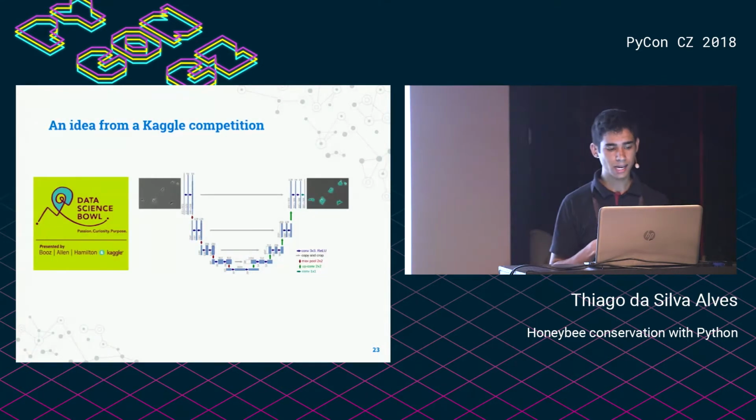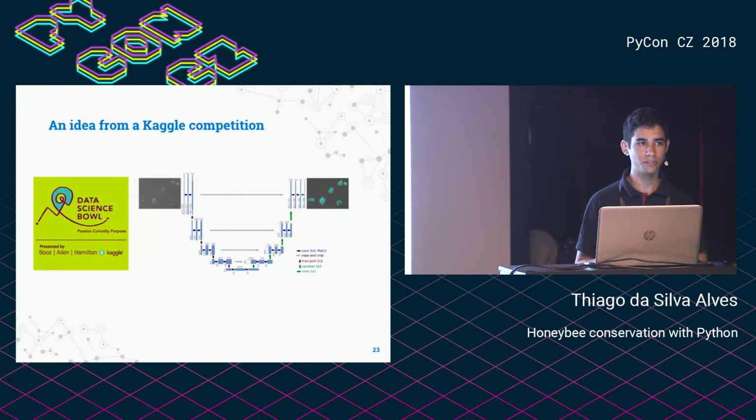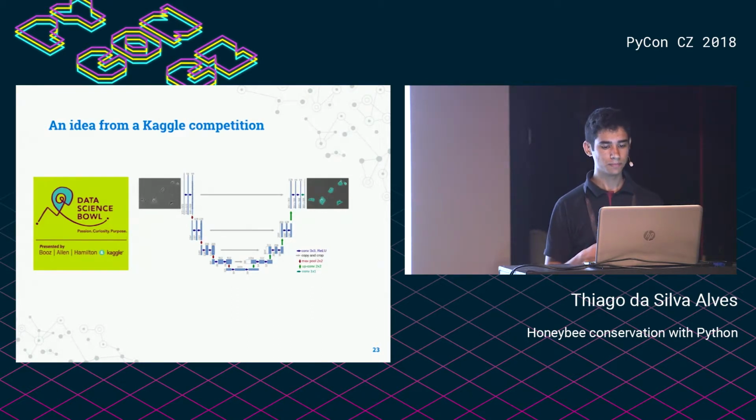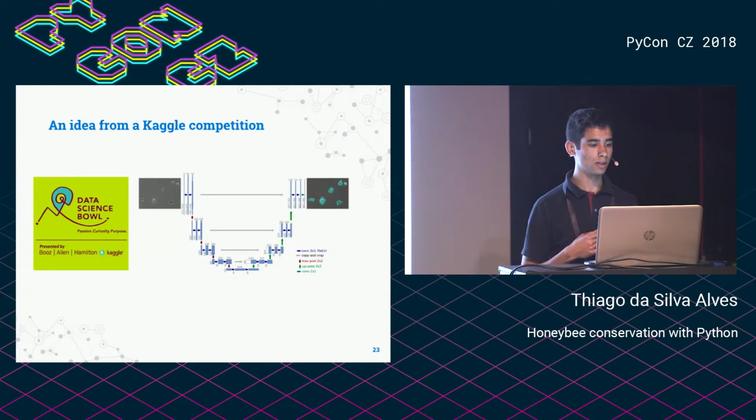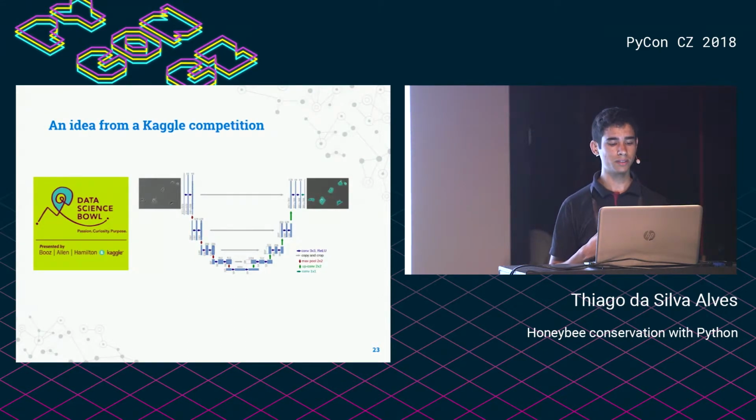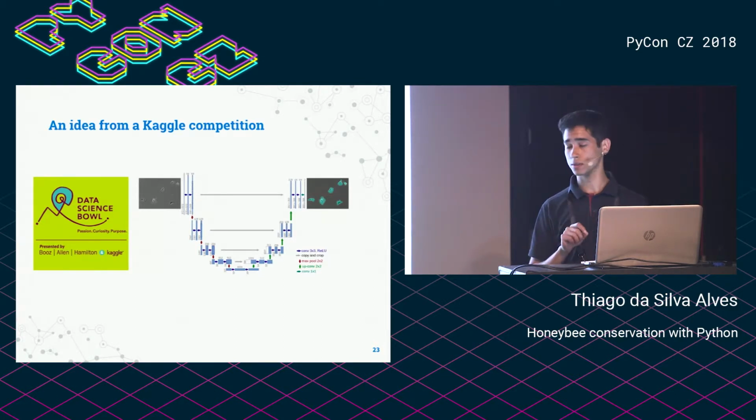And at that time, we were working in a study group that we have in my university. And the content that we were discussing at that time was a Kaggle competition, where it was necessary to make the segmentation of cells.